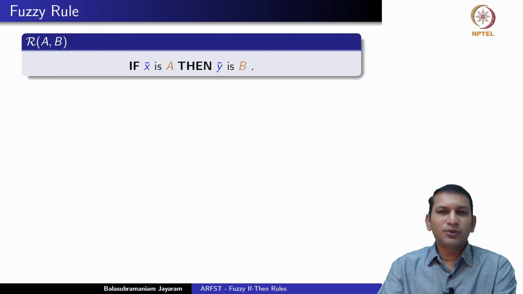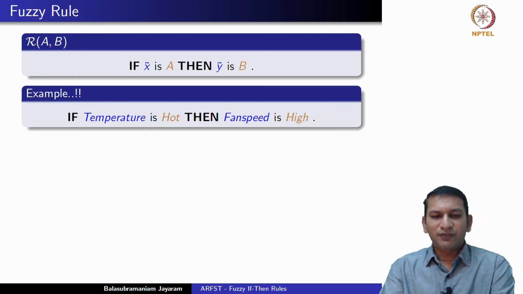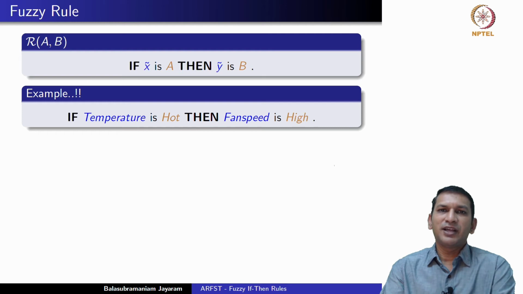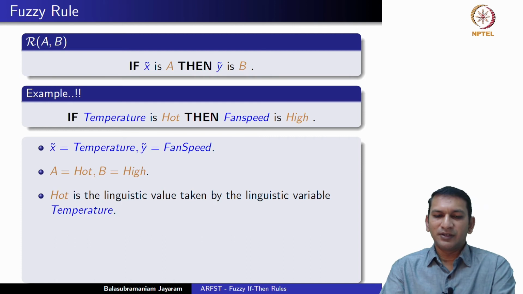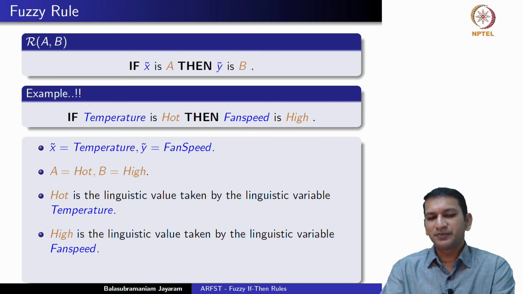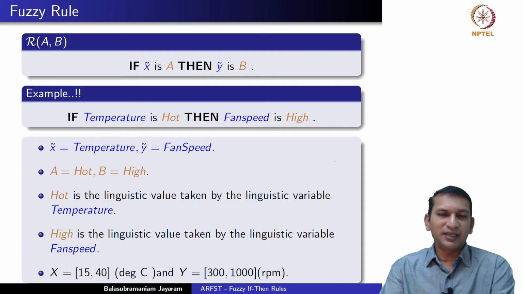Now, let's look at an example. If temperature is hot, then fan speed is high. Clearly, x tilde here is temperature, y tilde here is fan speed. And A and B are essentially hot and high. These are the linguistic values taken by the linguistic variables temperature and fan speed. Now, the underlying domain X itself can be thought of as an interval.